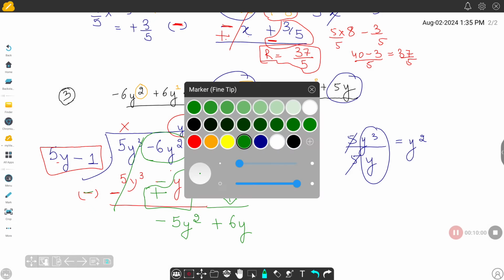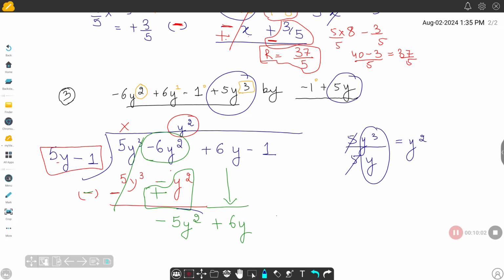Okay, so let's take the first term of this dividend, minus 5y square, to be divided by the first term of the divisor, that is 5y. So 5 and 5 cut, minus y will be the new quotient, minus y, or will be the second term of the quotient. Now again multiply 5y minus 1 with this minus y.